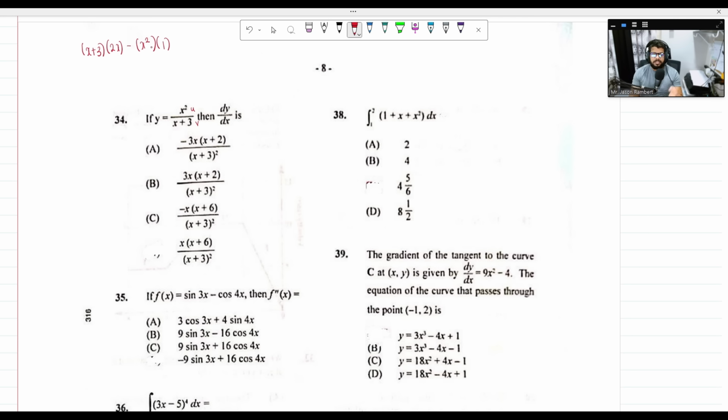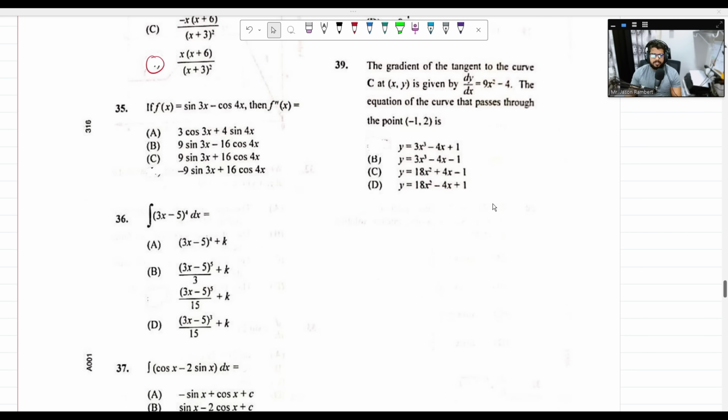I'm not going to bother with the denominator, right? Multiplying out, I'll get 2x squared plus 6x. Take away x squared. I'm going to get x squared plus 6x, which is going to be x into x plus 6. The answer is indeed D.